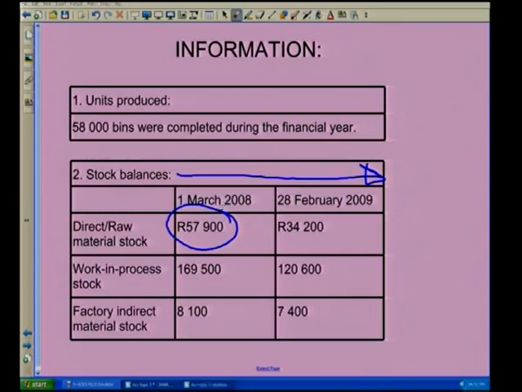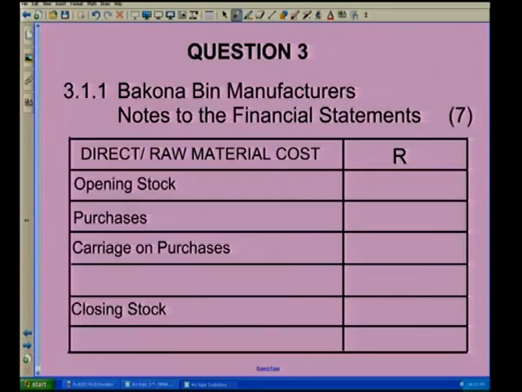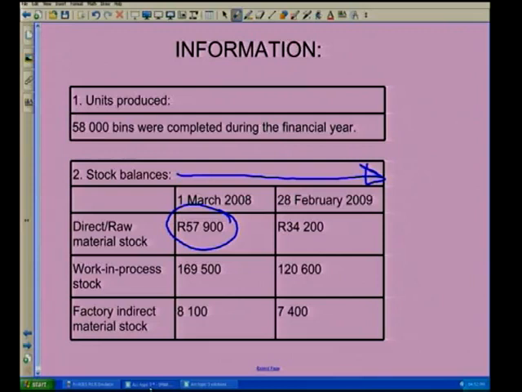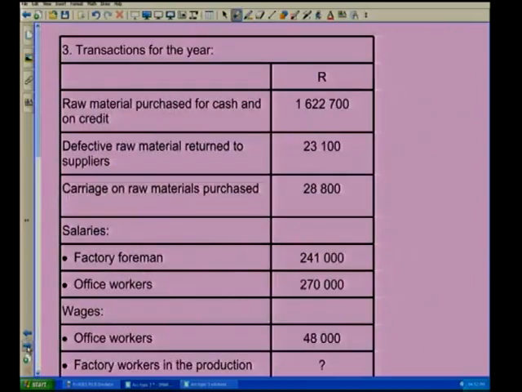Got that? Brilliant. Let's start off by saying, it said there, raw material stock opening balance was 57,900. Into my question, opening stock of raw materials, 57,900.